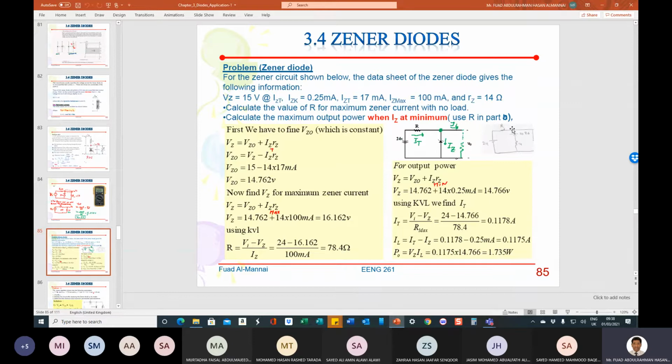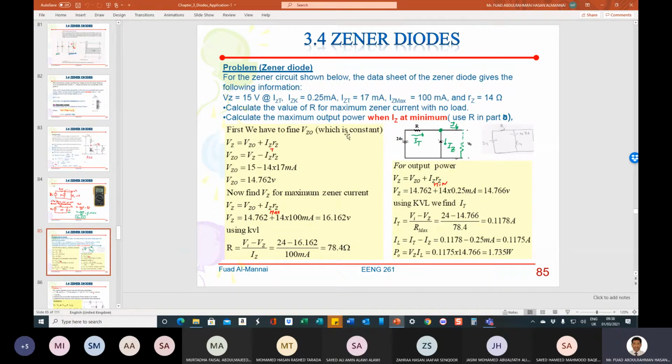VZO will not change. VZO is constant. You already calculated it. Everybody got that? So the thing that's going to change is the voltage drop across RZ. So what is the maximum here? The maximum Zener current is given by 100 milliamp.